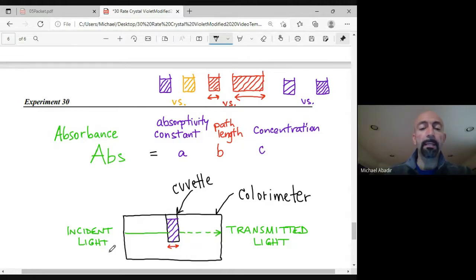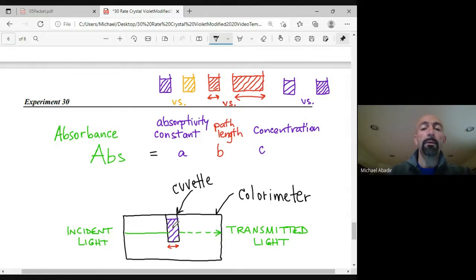The light coming in is called the incident light. It passes through the sample, and what comes through is called the transmitted light. The device can translate that into what we call absorbance, because the less transmitted light, the more absorbed. So the device will measure the transmitted light, but then tell you the absorbance if you set it to do that.